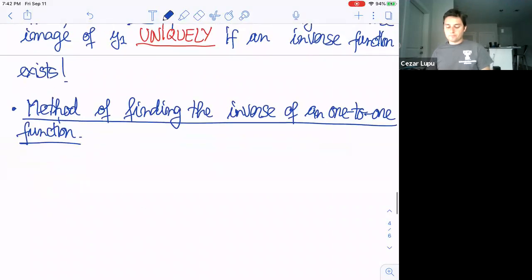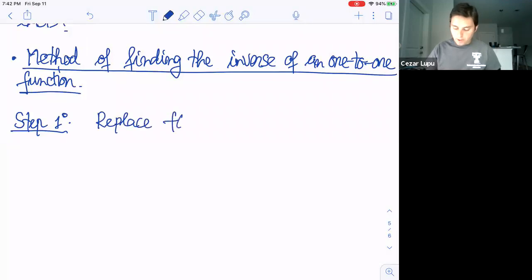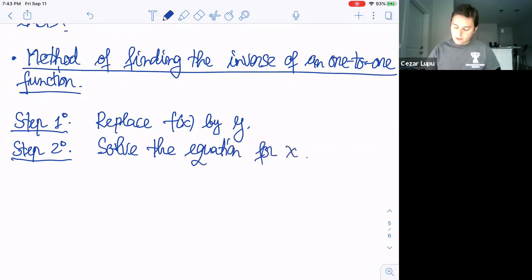All right. Step one: what we would like to do is to replace f of x by y. Step two: we solve the equation for x in terms of y.